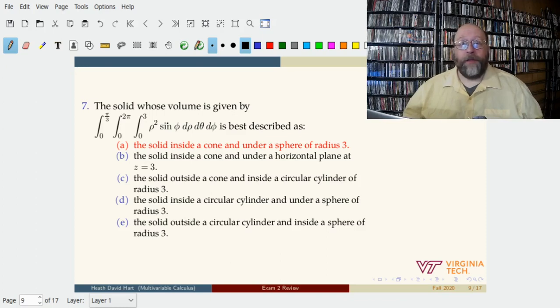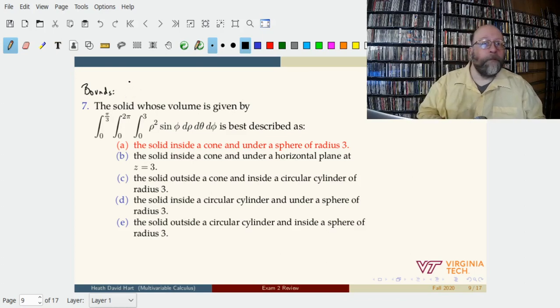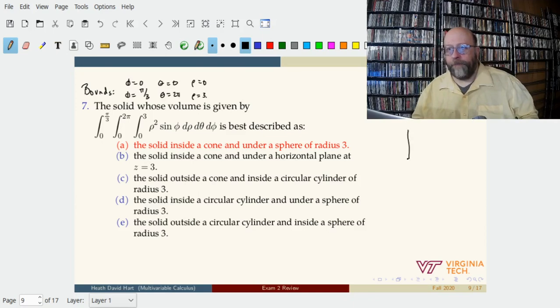Let's describe this solid here. Okay? So my bounds are phi equals 0, phi equals pi over 3, theta equals 0, theta equals 2 pi, and rho equals 0, and rho equals 3. Okay? All right.